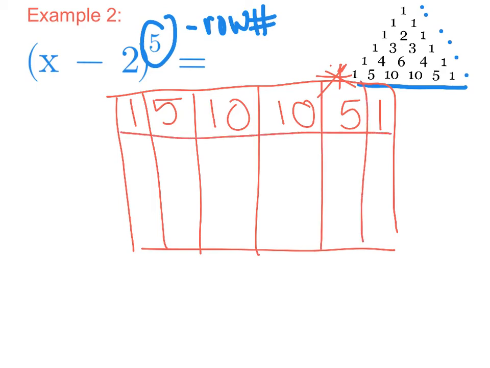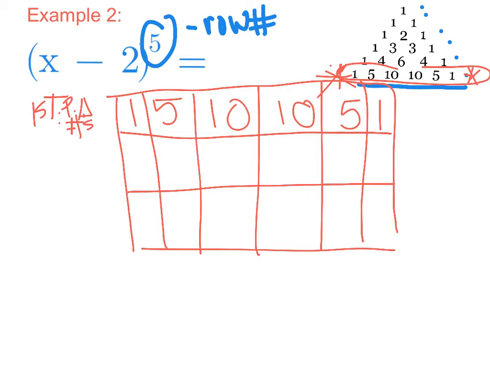So we'll always have however many numbers in our row for our columns, and then we'll always have 3 rows. Our first row represents the coefficients we have from Pascal's triangle.